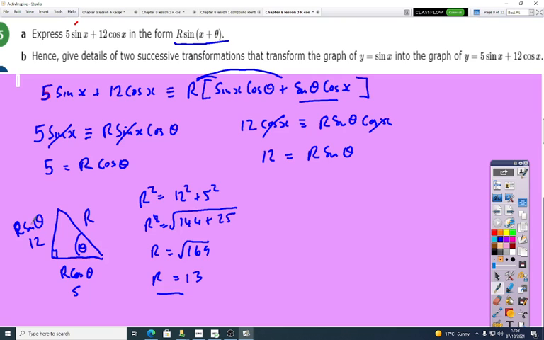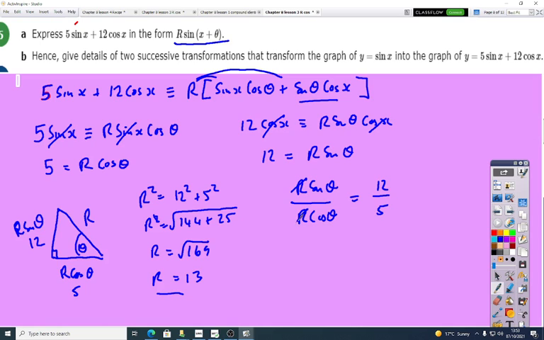Now, to get tan, you could do two things. You could just do r sine theta over r cos theta, and that's how you're going to get it. Now that is 12 over r cos theta is 5.